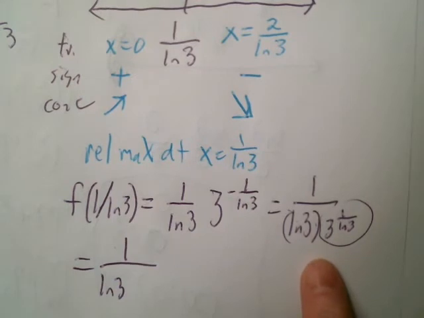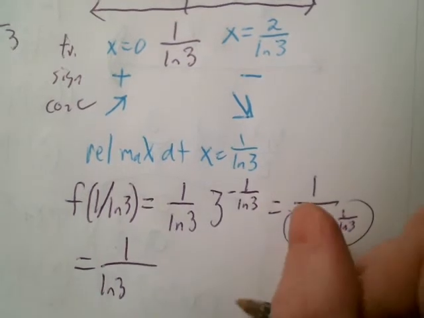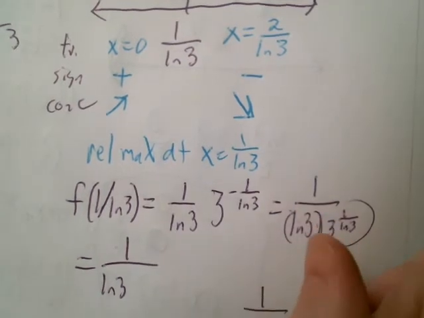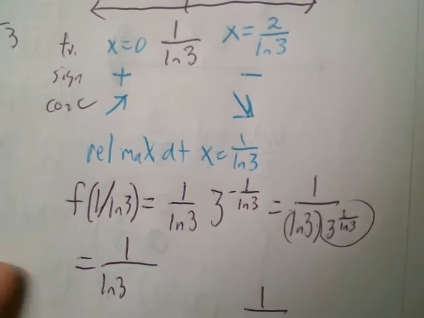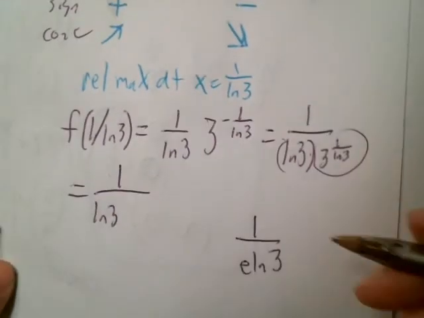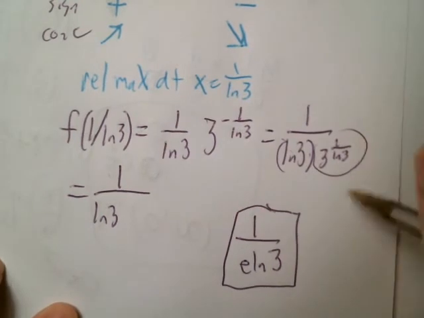How the heck do they write that? 1 over ln 3, and then, okay, so you're having an issue maybe with the e thing. So the book has 1 all over e ln 3. Probably you can rewrite this thing here. Maybe that's the issue. So sorry, I went off the page. This is the answer they kind of have in the book.